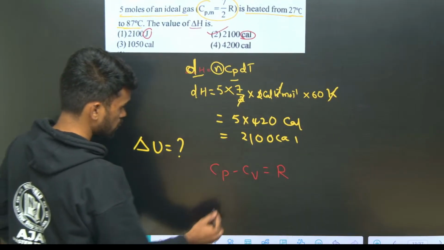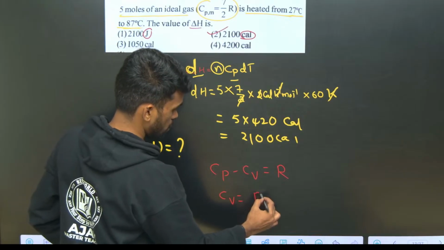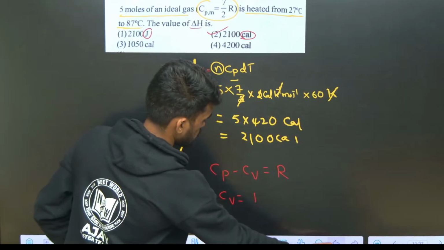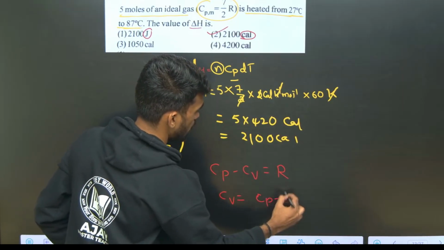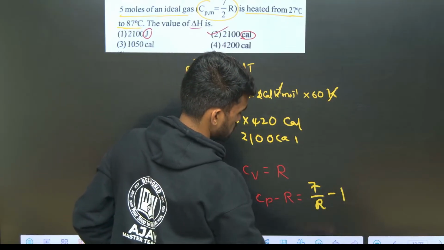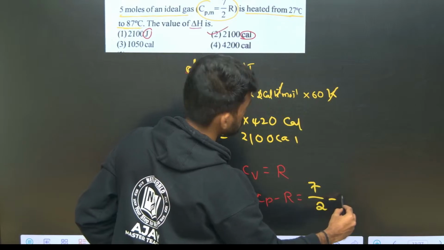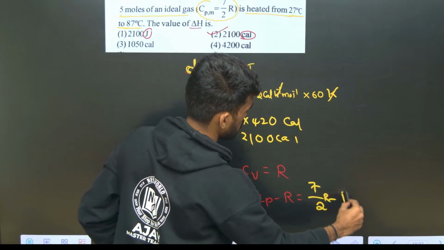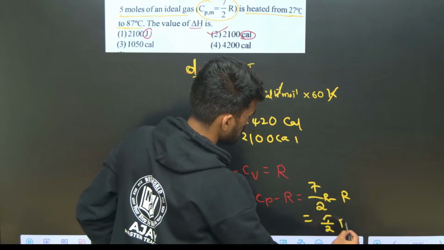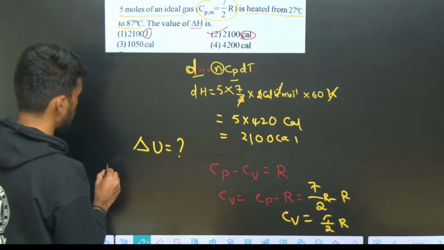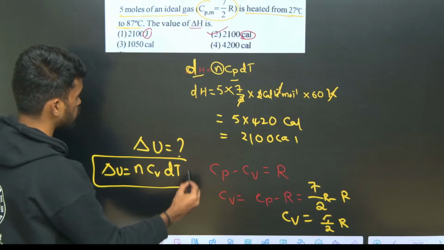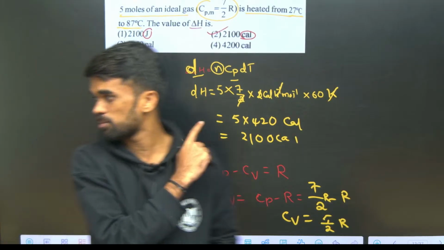So Cv will be Cp minus R, which is 7/2 R minus R. So this will be 5/2 R. This will be the Cv value. So now you can find delta U equals nCv dT. In this way you can calculate delta U also for the same question.